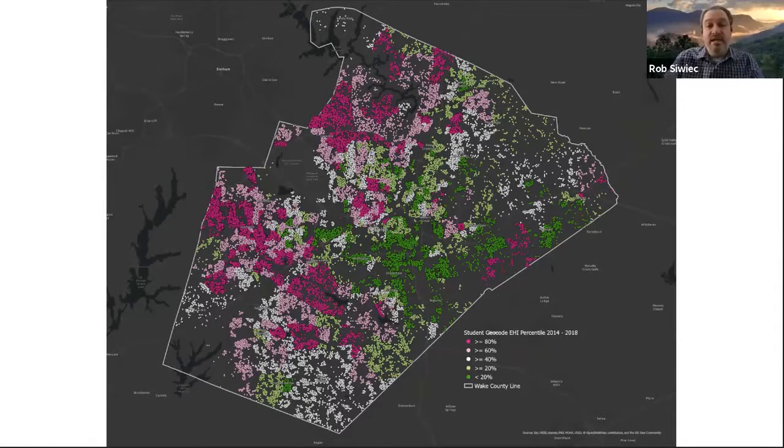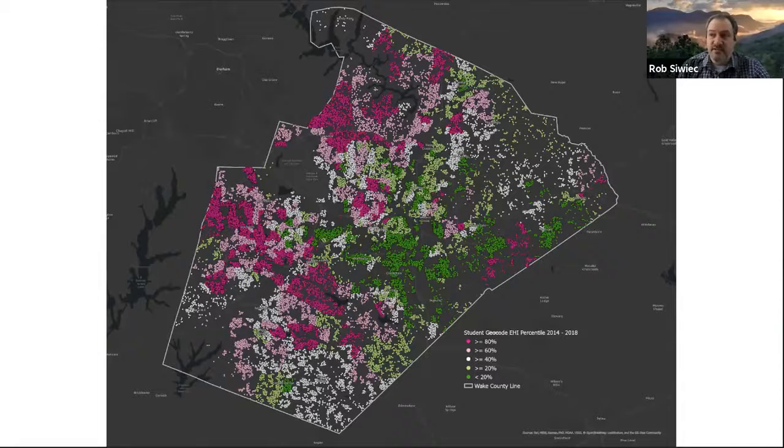We have a point for each of our enrolled students in the county, and that gives us some extremely valuable data at a very granular scale. Since this is private data, aggregation to the block group level not only removes any privacy issues, it also allows us to share publicly. So we apply the Economic Health Index scores to the student and organize it by the school each student attends, and by base attendance area of residence.